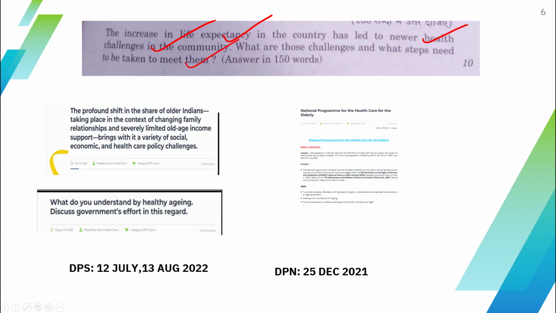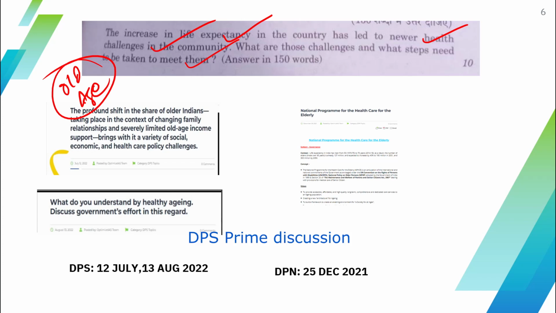Guys, this year old age was in the news because recently there was the World Population Prospects report, which said that India is going to be the most populous country. During that time, there were a few editorials in the Indian Express on the aging population of India.